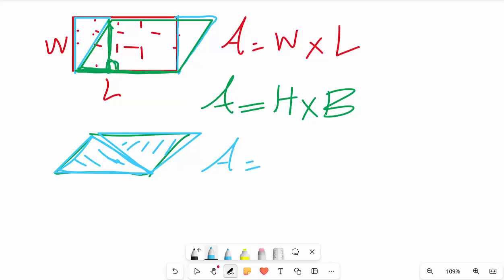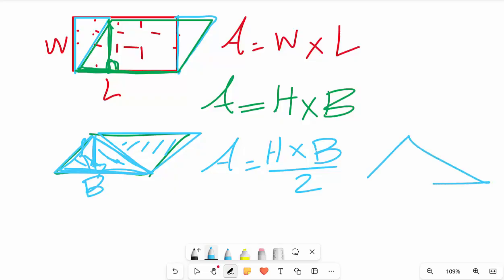So we can write that it is base multiplied by height divided by 2. So we can write the area of a triangle as the product of its height and base divided by 2.